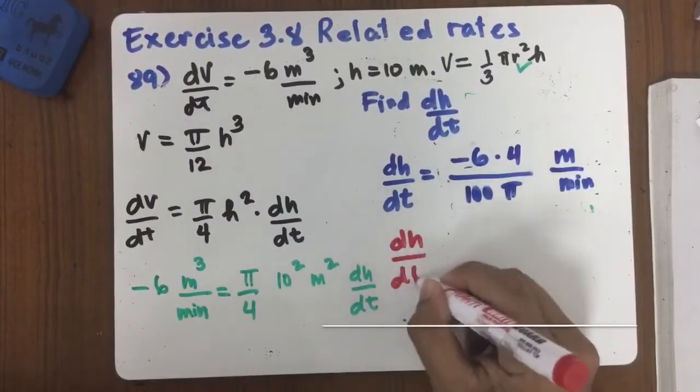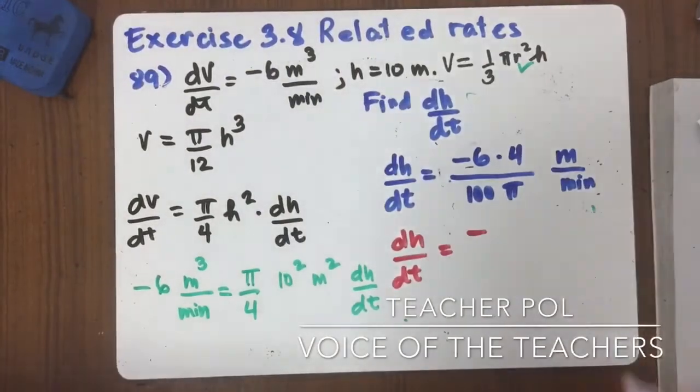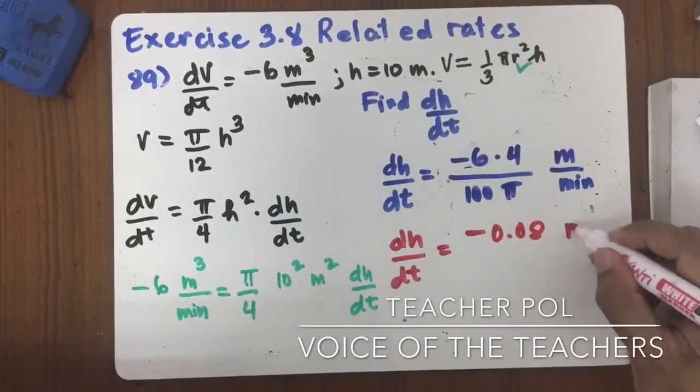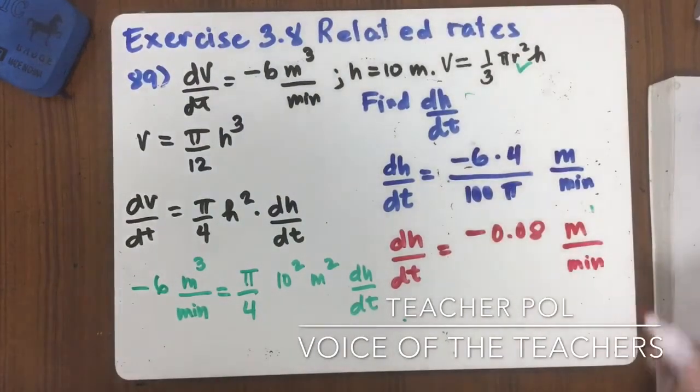I will use a calculator to obtain this value, and it turns out that this is approximately negative 0.08 meters per minute.